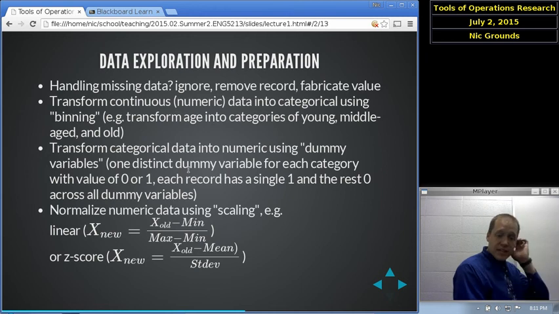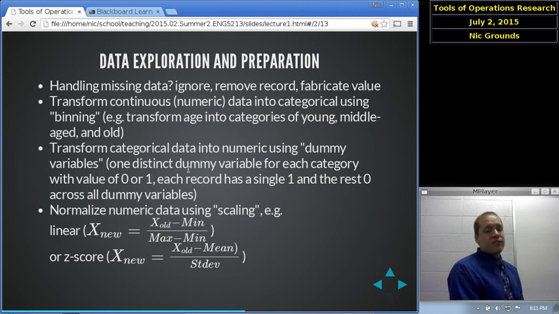The technique for that involves, if you have a categorical data item like gender, there's two possible categories. Out of that, you can create two new numeric data fields. One of those numeric data fields we'll just call the male data field. Every record that was a male will get a value of 1 for that new field. Every value that's not male will get a 0.